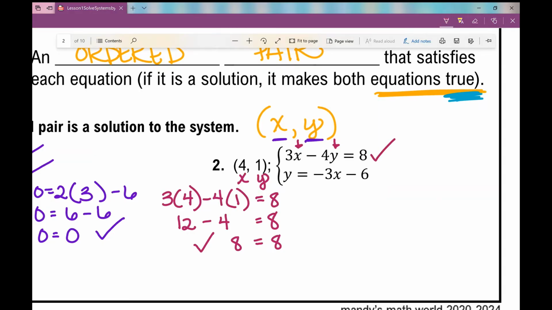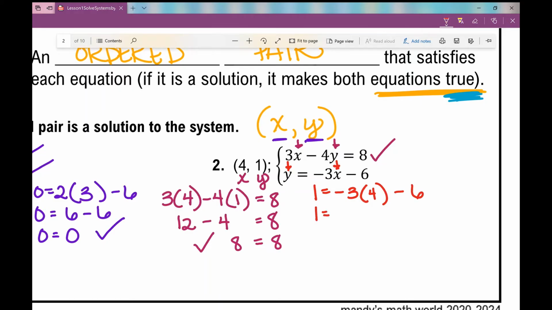But remember, for it to be a solution to the system, it has to satisfy both equations. So let's look at our next equation. I'm going to replace y with 1, and I'm going to replace x with 4. So instead of y equals negative 3x minus 6, I'm going to write 1 equals negative 3 times 4 minus 6.